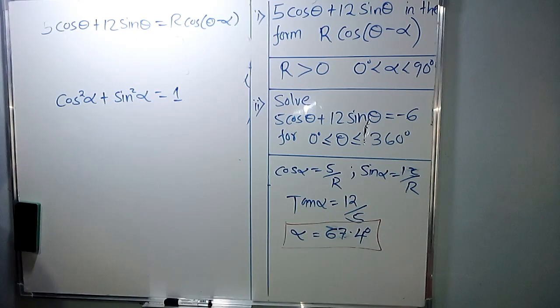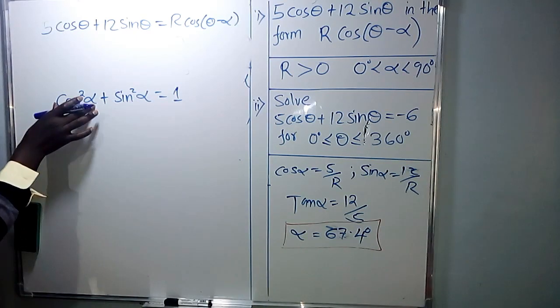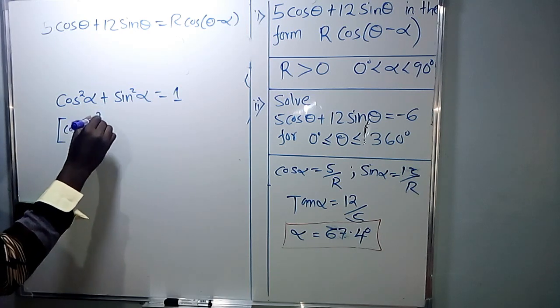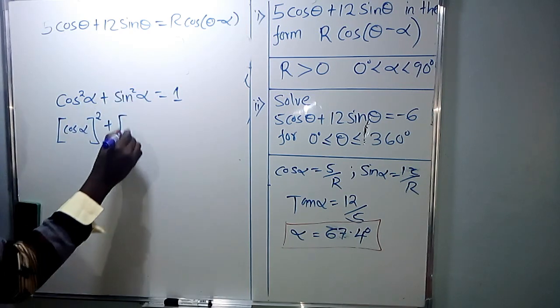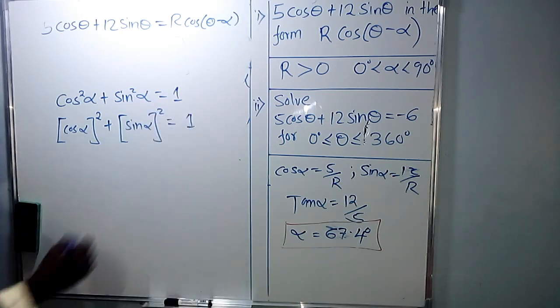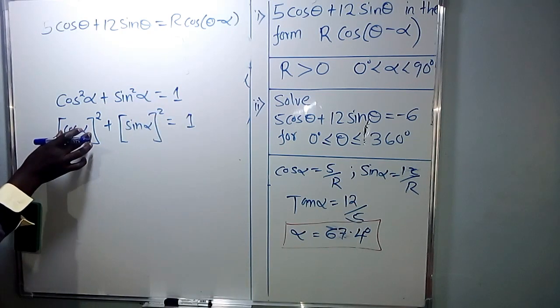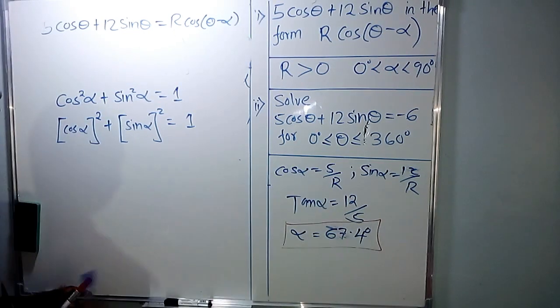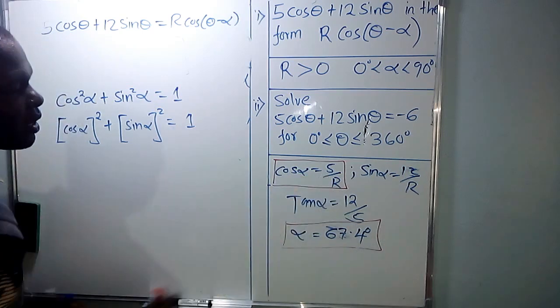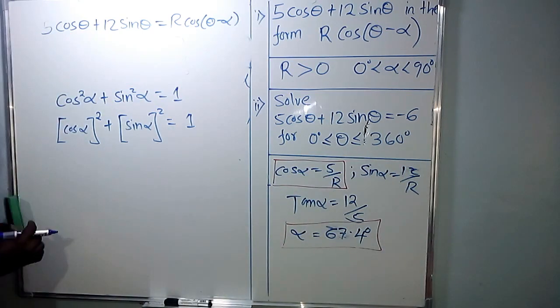Are you seeing that? So cos squared alpha can be written as cos alpha, the whole of that squared, plus sine squared alpha is written as sine alpha, the whole of that squared, to be equivalent to 1. Then we substitute the value of cos alpha. So what is the value of cos alpha? Where there is cos alpha, put the value of cos alpha. Cos alpha is 5 over r.